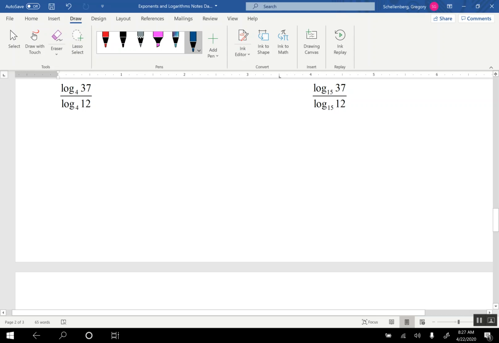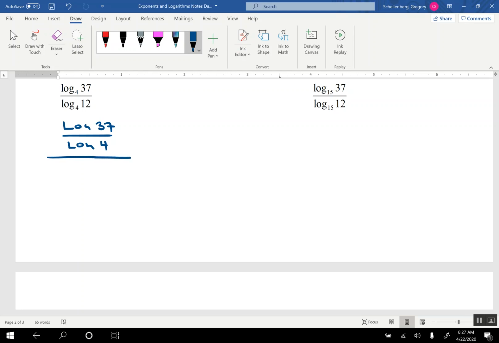So log base 4 of 37, I'm going to write as the log of 37 divided by the log of 4. And log base 4 of 12, I'm going to use change of base to rewrite that as the log of 12 divided by the log of 4.